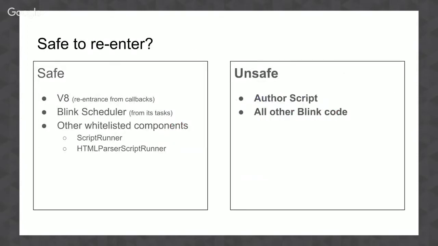So to manage the reentrancy, for our approach, we split the components into safe-to-reenter components and unsafe-to-reenter components. That is, V8 is considered safe to reenter from its V8-to-Blink callback, and the Blink scheduler is considered safe to reenter from its running tasks.